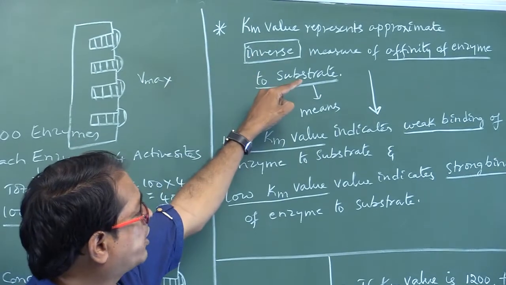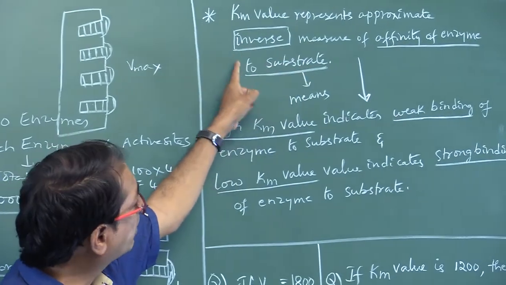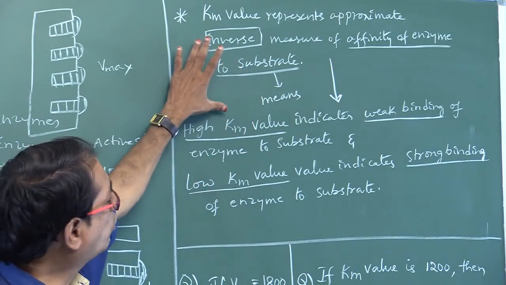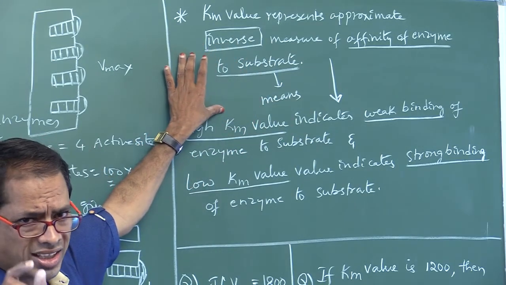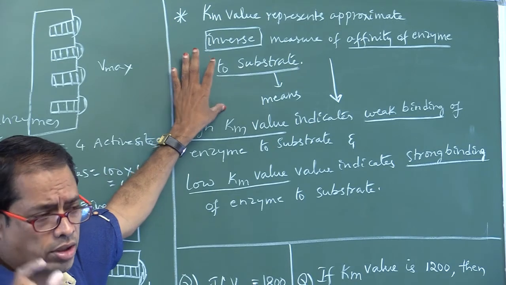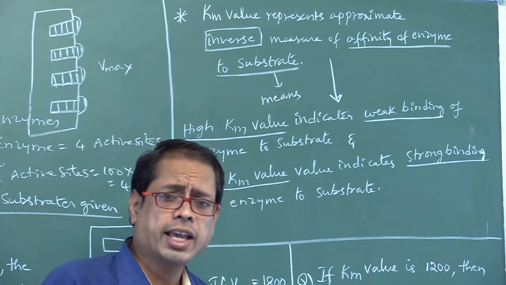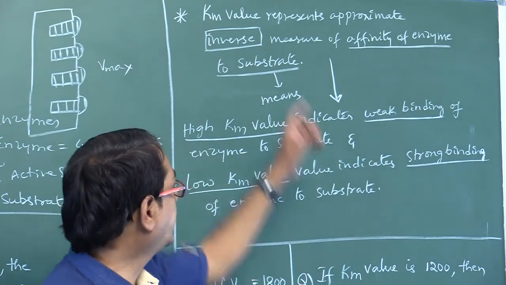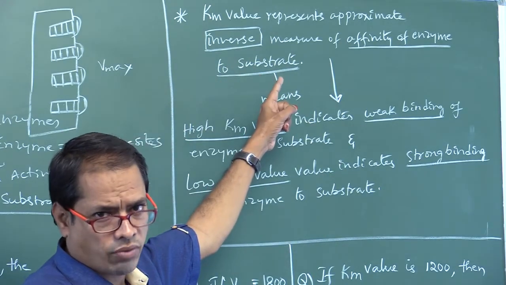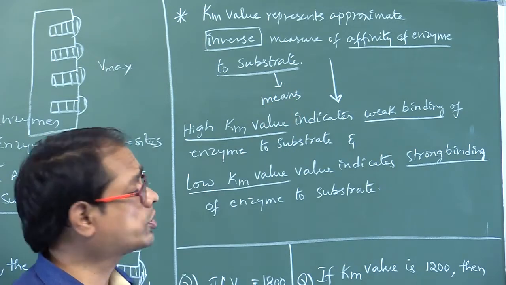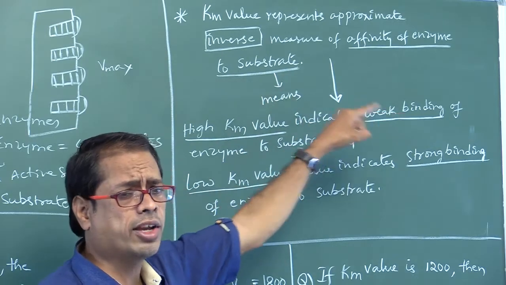Km value represents approximately an inverse measure of affinity of the enzyme to the given substrate. Of course, this sentence is not in the NCERT textbook, even though you have to read. This is a very, very important point. So Km value represents an inverse measure, not a direct measure, that is, inversely proportional to affinity of the enzyme to the given substrate.